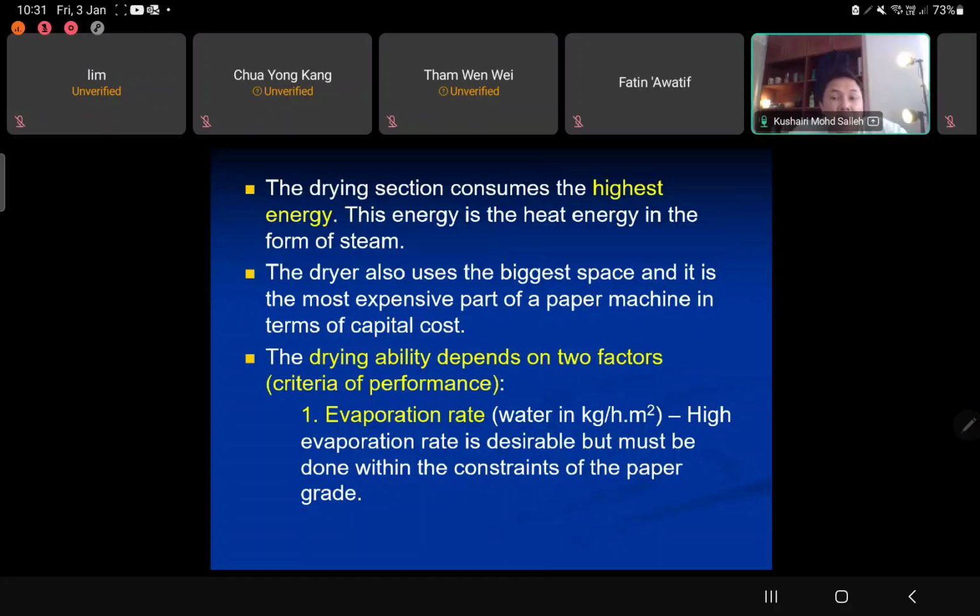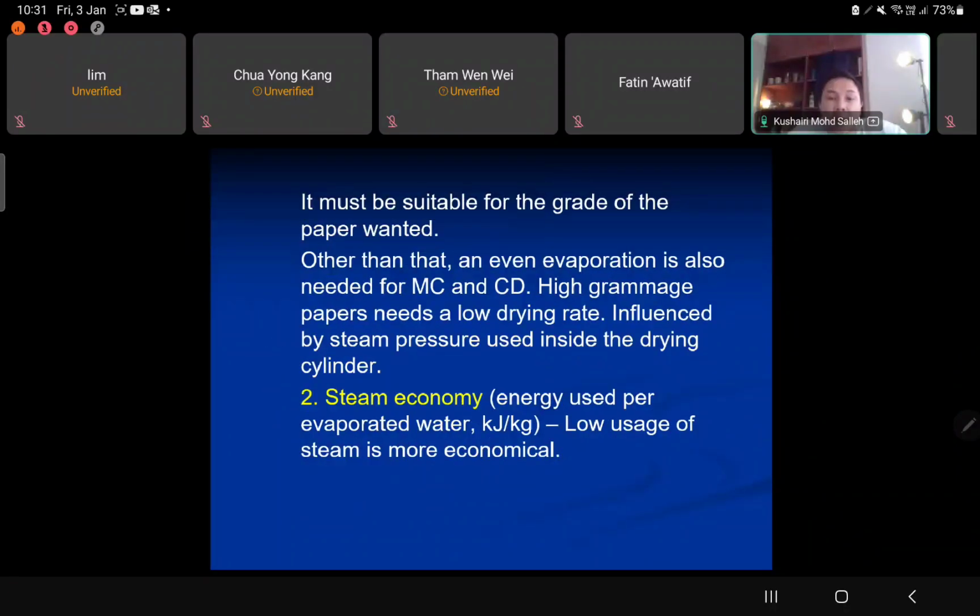Other than that, an even evaporation is needed for the moisture content in the cross direction. So high grammage, high grammage meaning to say the fiber is dense. So if we remove the water at a high drying rate, basically there is uneven evaporation of the water.